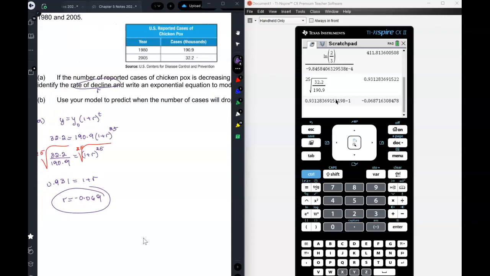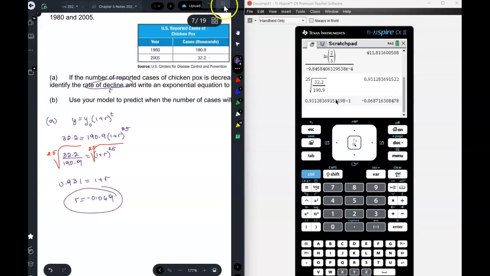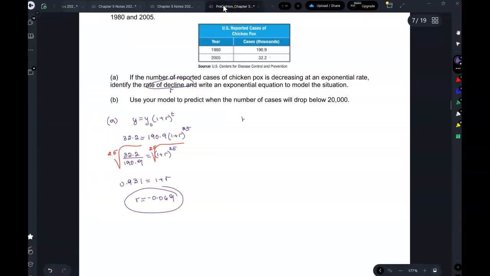Use the model to predict when the number of cases will drop below 20,000. Okay? So for this one, here's what we're going to do. What was the equation? It's y equals, what was the initial amount here? 190.9 times 1 minus 0.069 to the power of t.